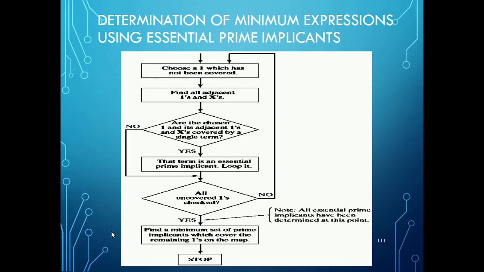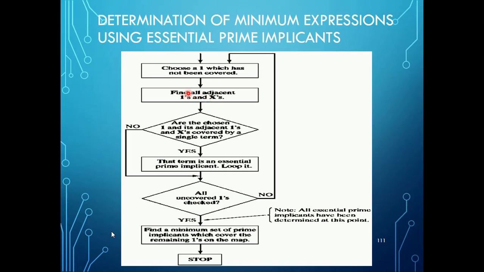Then the next step is to find all adjacent ones and X. If there are don't care conditions, then X has to be considered as ones; if you don't have don't care conditions in your problem, you can leave this.